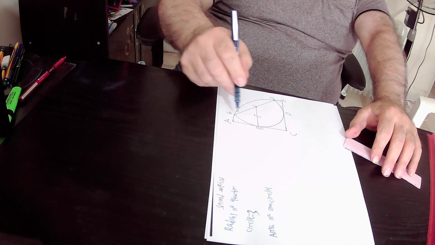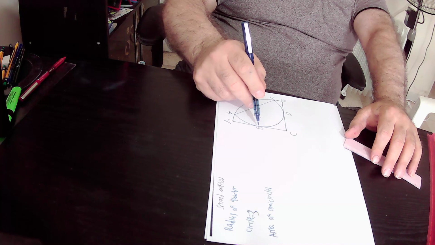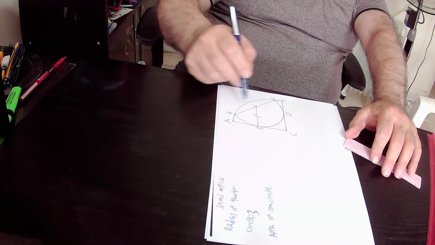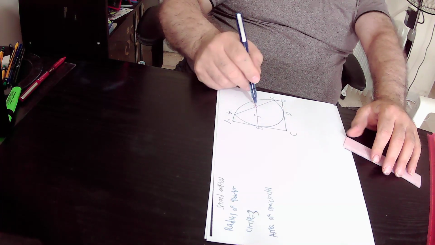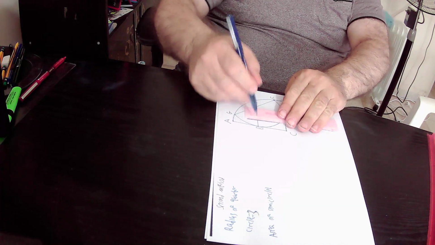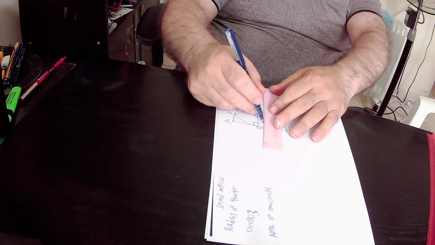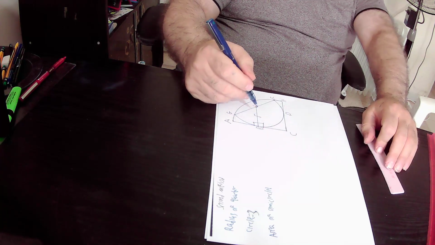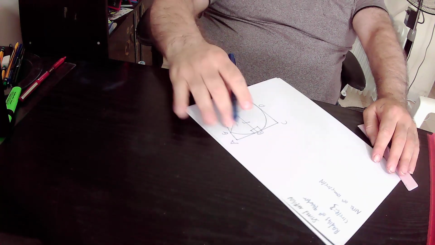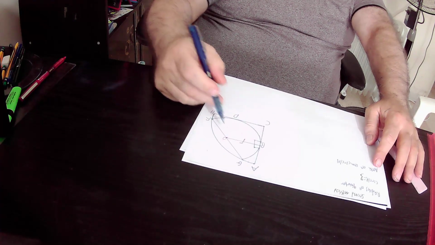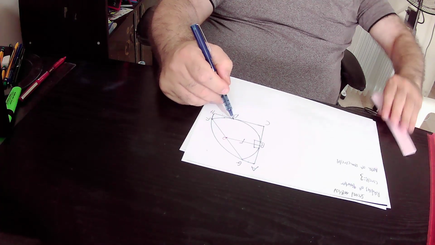In this case, the tangent AC will be perpendicular to the radius BO. So AC is perpendicular to BO, that is to say this angle will be equal to 90 degrees and this angle will also be equal to 90 degrees according to rule number 1. Likewise, we will join points O and D together by a straight line.